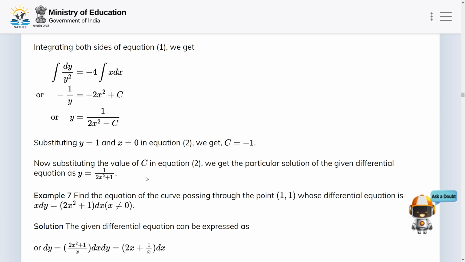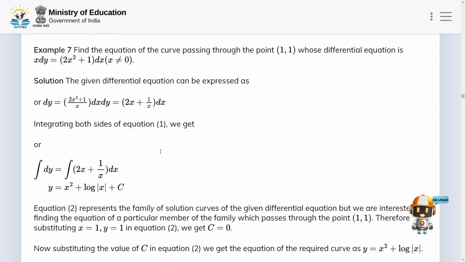Now next example. Find the equation of the curve passing through the point whose differential equation is this. So you have to find the solution curve.